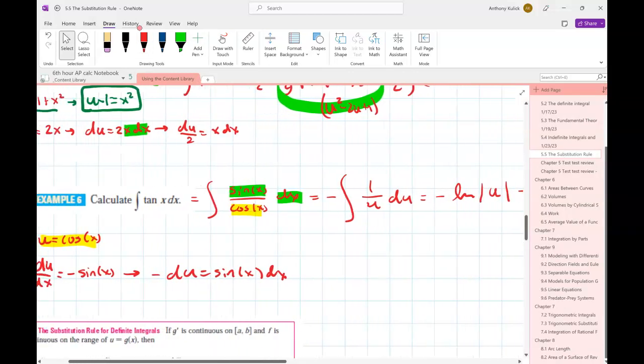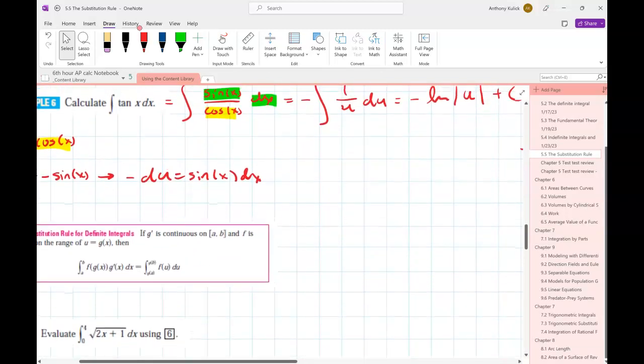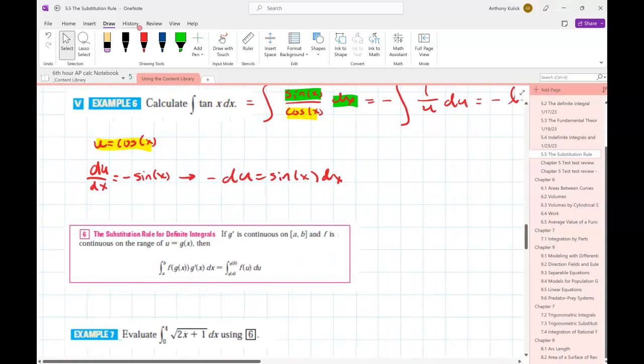So the shortcut here is presented in this theorem. It just says that the definite integral from a to b of f of g of x times g prime of x dx is the definite integral from g of a to g of b of f of u du, which is a much simpler definite integral to evaluate, right?